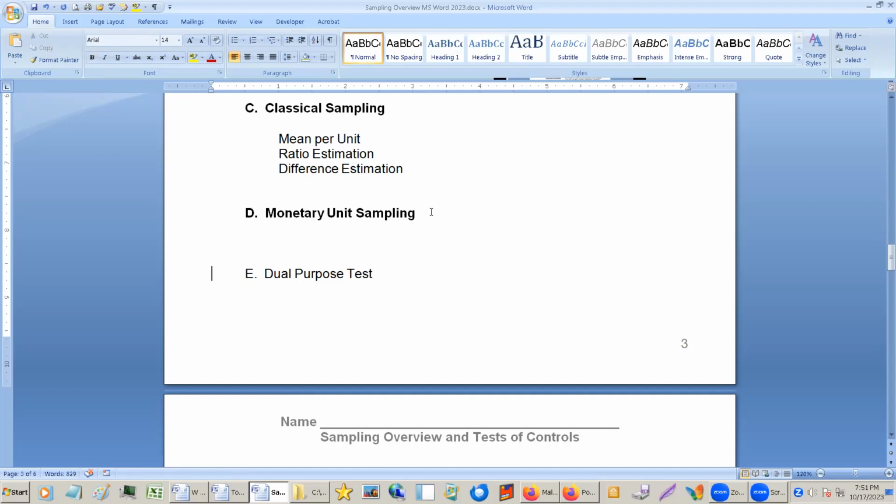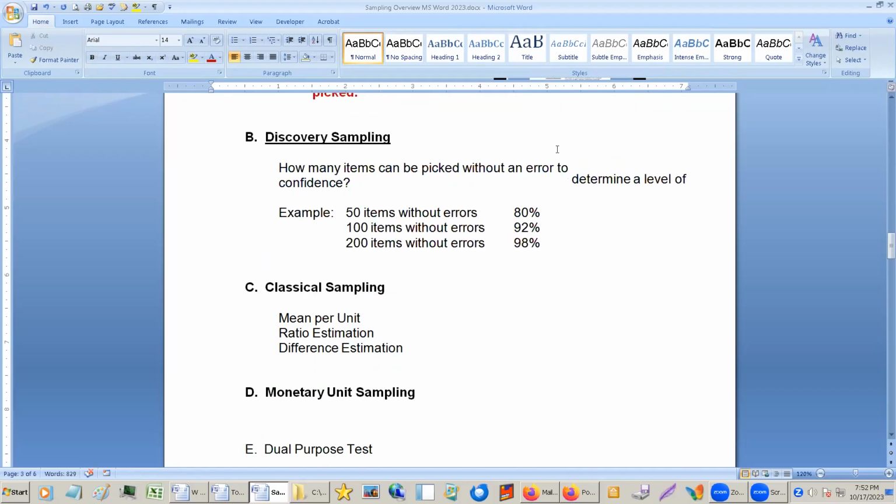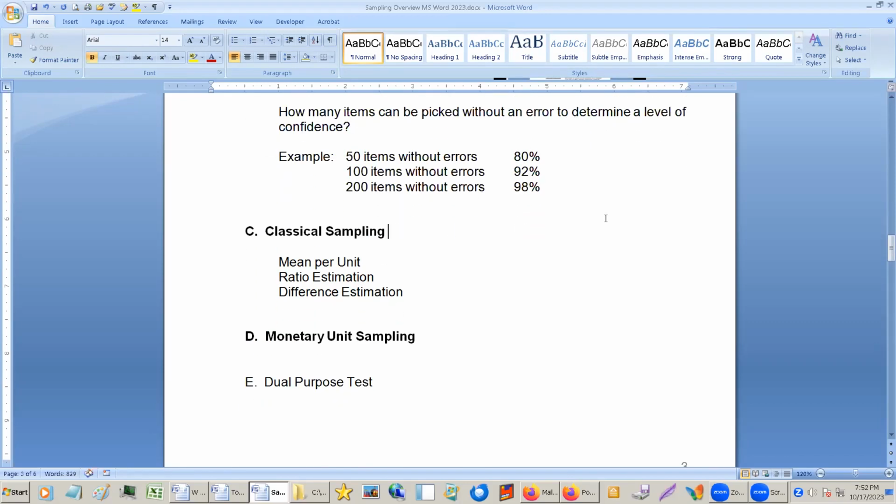Okay, dual purpose test. So let's say we have this situation. Oh, by the way, these are sampling for variables.